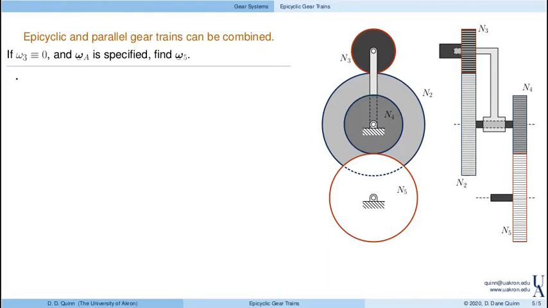So really, if I look at this, gears 2 and 3 are epicyclic. And then gears 2, 4, and 5 are parallel.